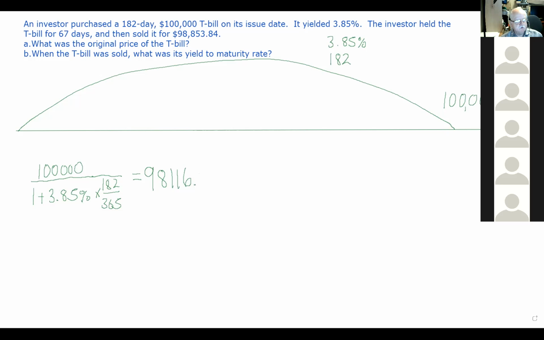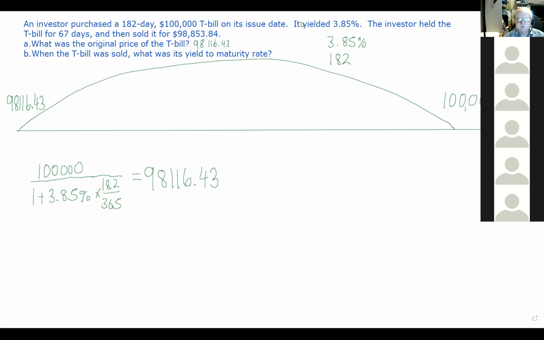We're going to go for the 4.3. And if that turns out not to be what you're getting, let me know. So that's what this thing was worth here. 98116.43. So that's really the first part of the question. What was the original price of the T-bill? 98116.43.